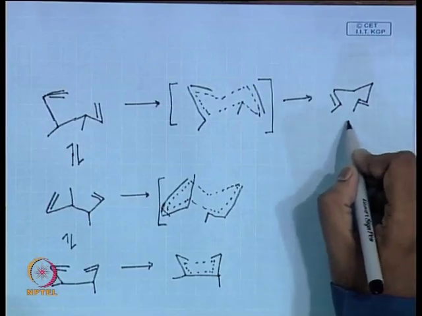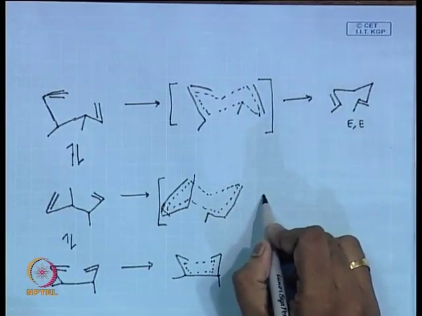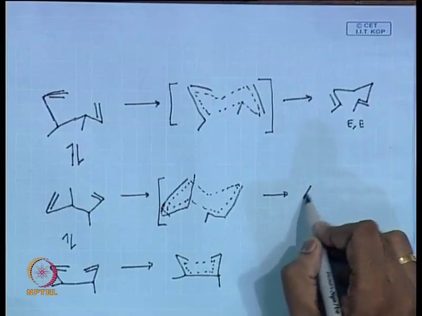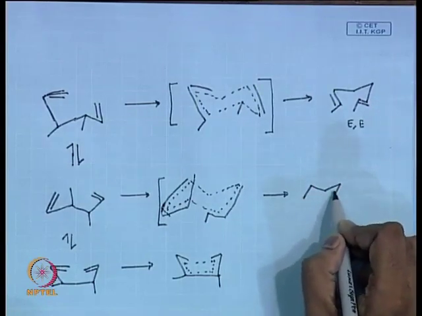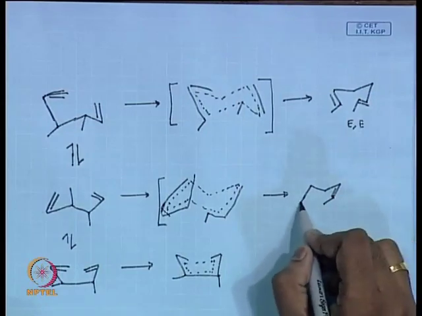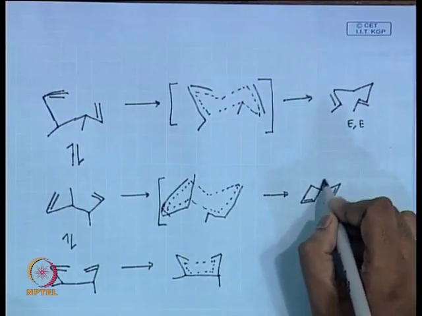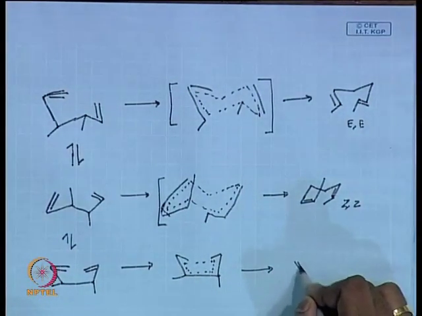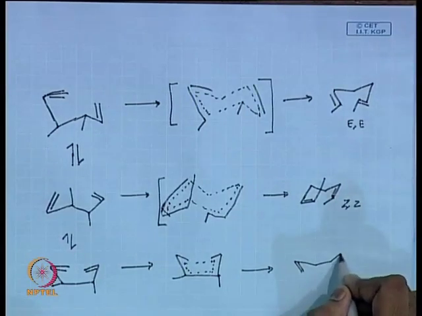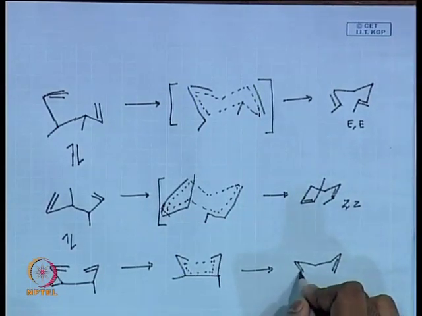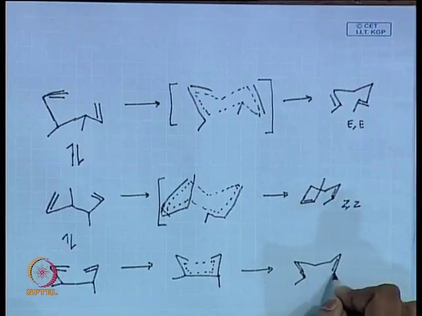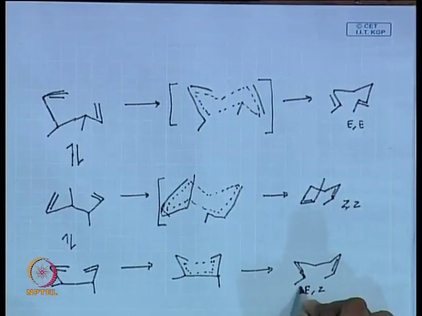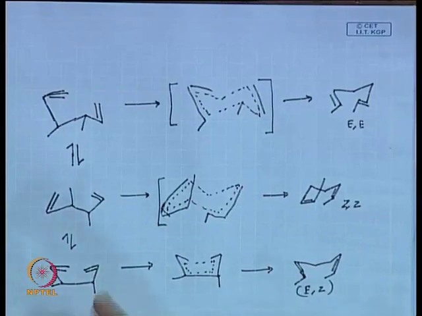This will be E and E. For this, that should be Z and Z. That should be E and Z. So, you can write three nice ways.